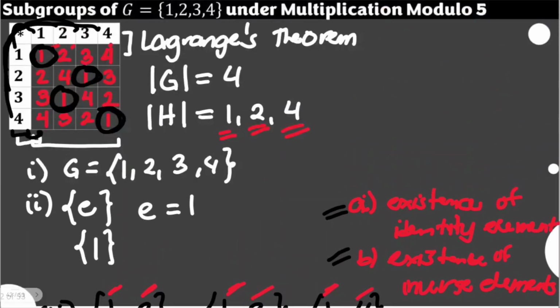Going to our KD table, take note that we're operating 1 and 4. So we have 1 star 4 is 4. Check, because 4 is one of the elements. Next, for 4 and 1, it's still 4, it's okay. 1 by 1 is actually 1, and 4 star 4 is equal to 1.